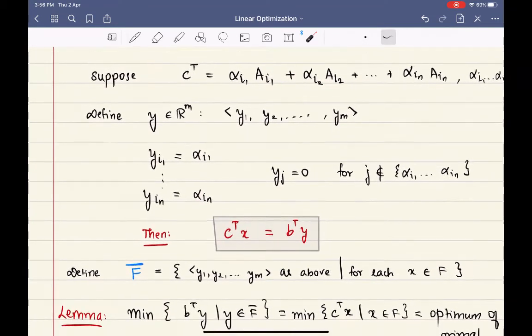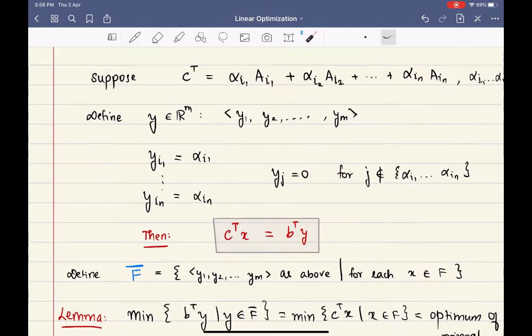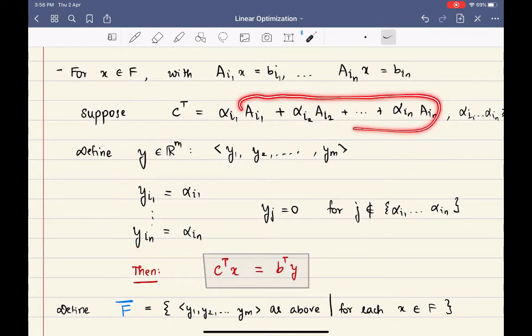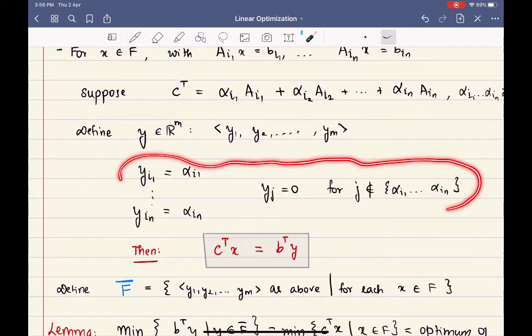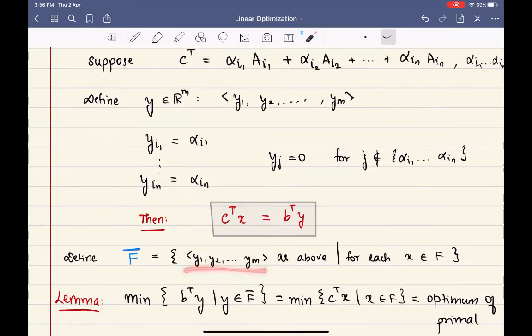So here we are. Let's define F bar first, which talks about the y's and not the x's. So you take an x in F, and for each x you will have a y as here by looking at the corresponding hyperplanes and then defining this y like this. Now take those y's. There are finitely many points in F, and so there are finitely many combinations in F bar also.